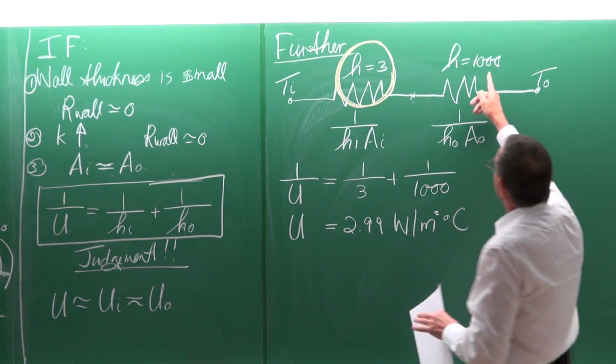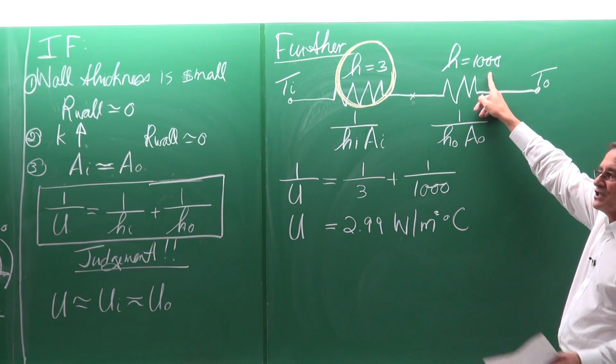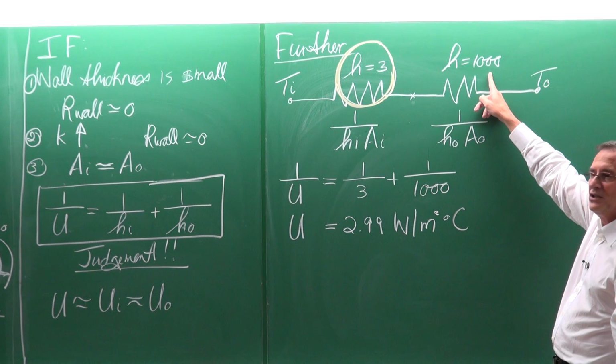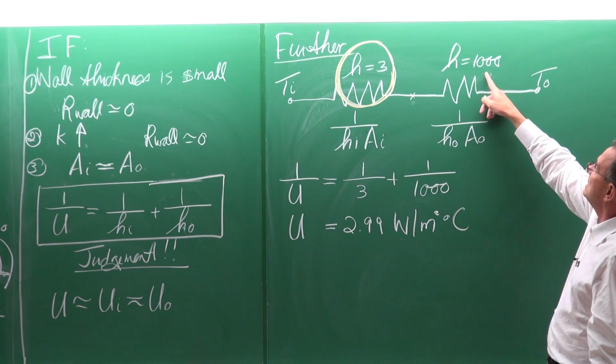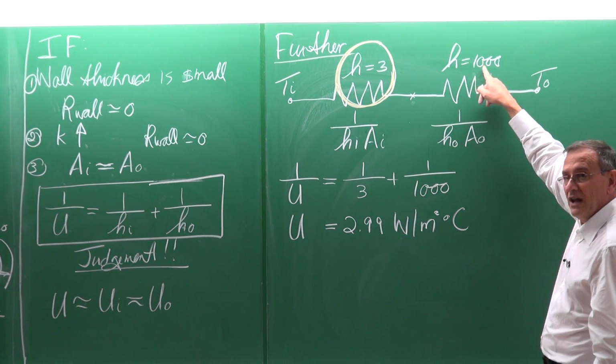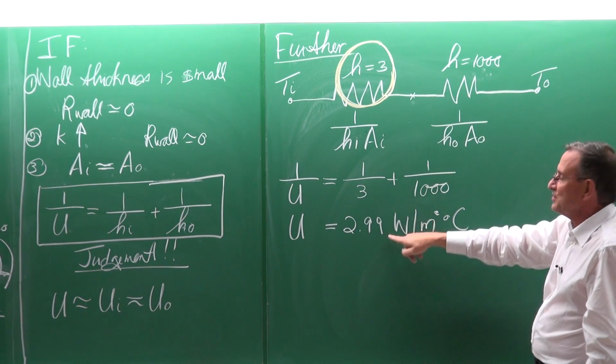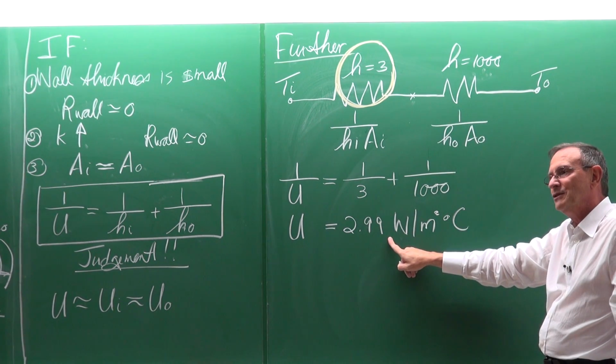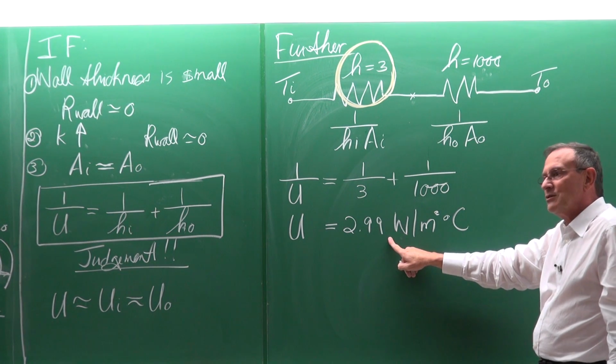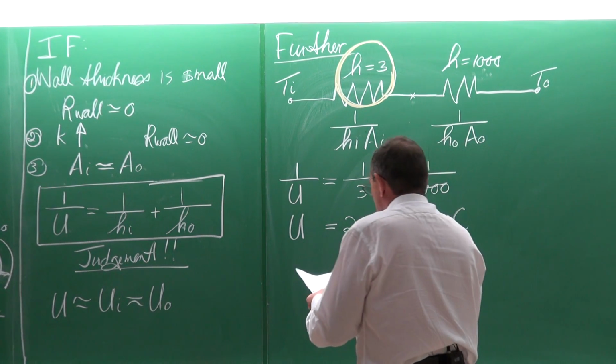This would mean that if you go and put on fins on that side, you're just wasting money. It's not going to help anything. If you're going to increase that value to 2,000 or 10,000, the answer is still going to be approximately 3. You see that? So it's a very important thing to realize.